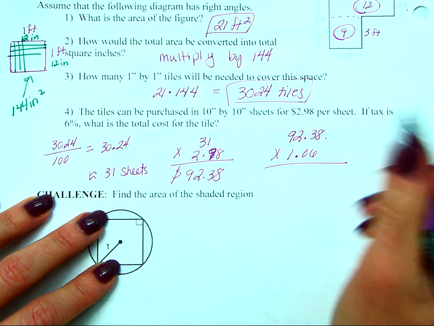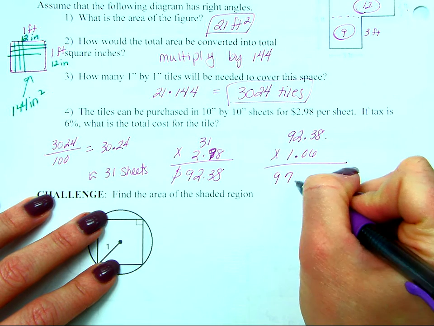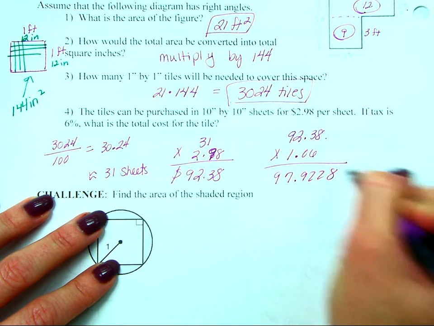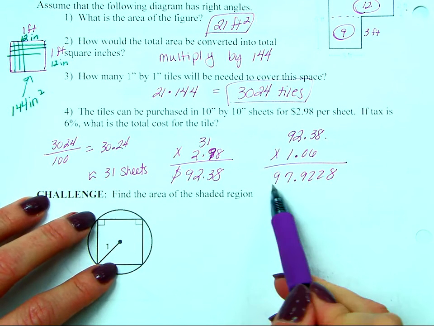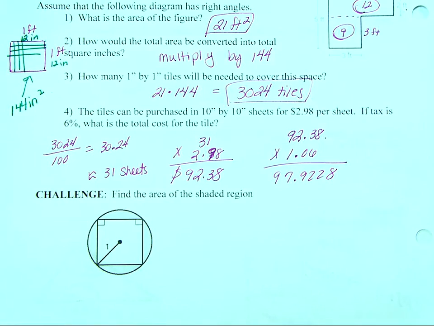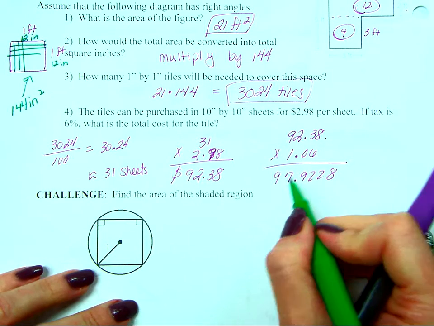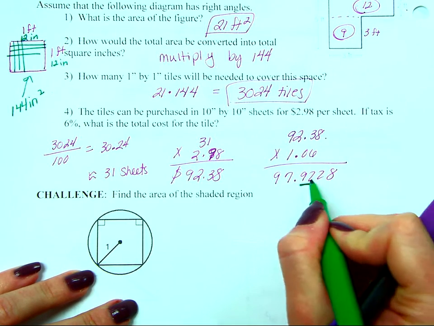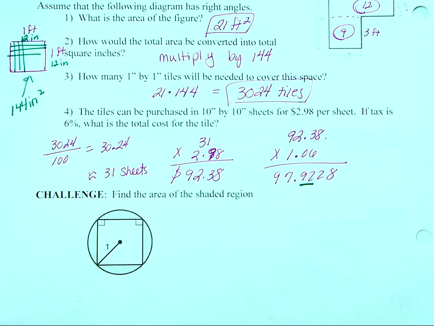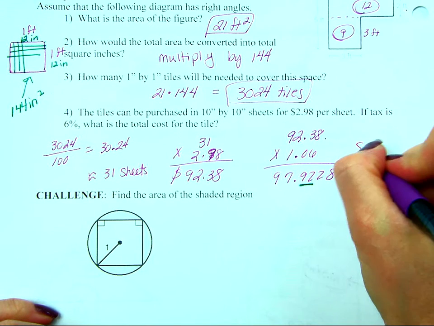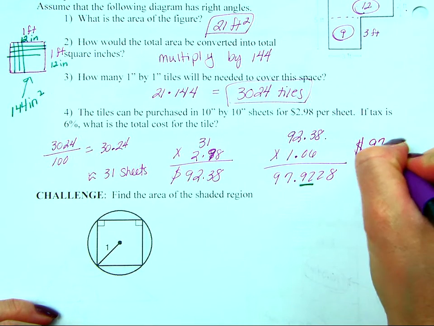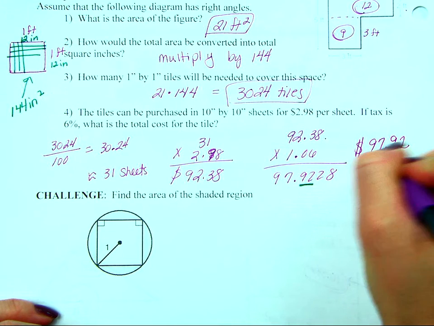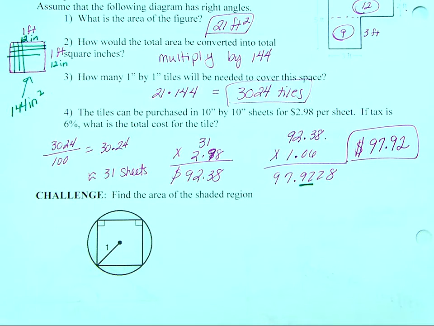When I multiply that out, you get something that looks like this. Now we're talking dollars and cents here, so we know that we round to the nearest dollar and cents, and so we're going to have $97.92 for our cost.